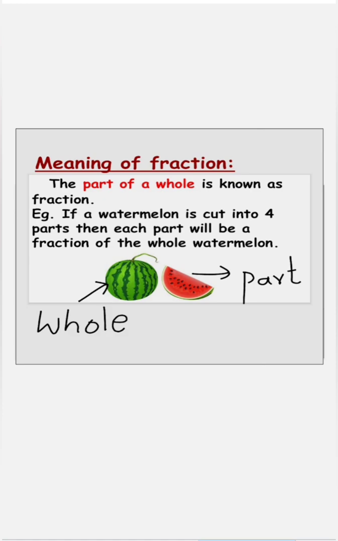Here in this example, if a watermelon is cut into 4 equal parts, then each part will be a fraction of the whole watermelon. The complete watermelon, when it is cut into pieces in equal parts, each part will be known as a fraction.